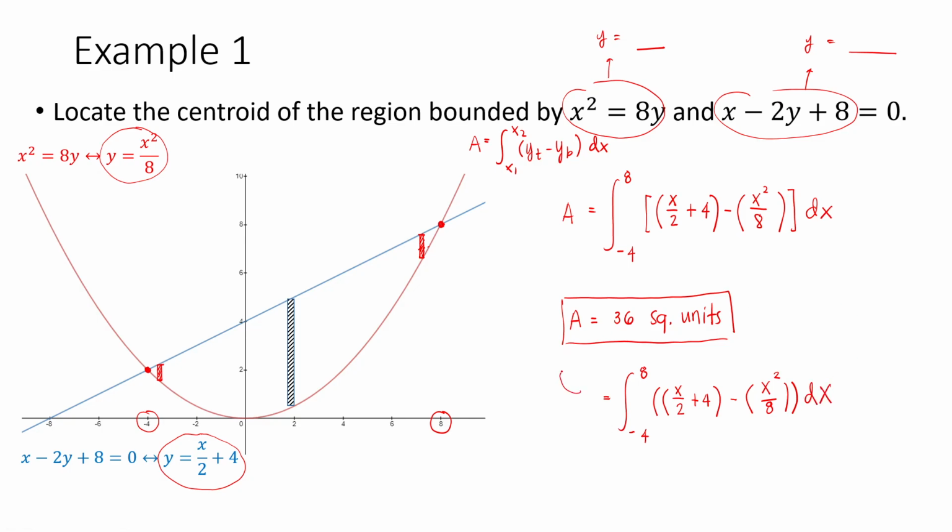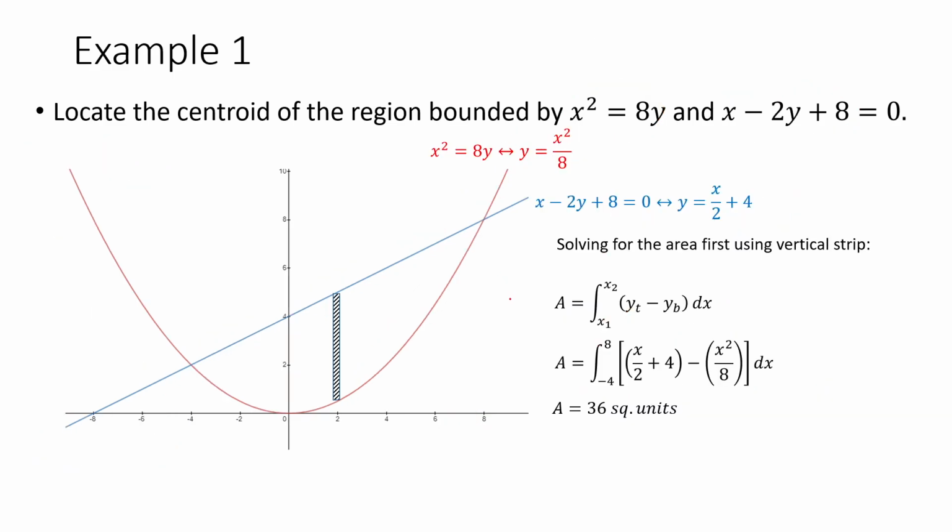That's how I plug in this one in my calculator. Okay, so this is the formula or the solution for the area. What we have done so far is steps 1 and 2 pa, diba? So graph and then solving for the area.